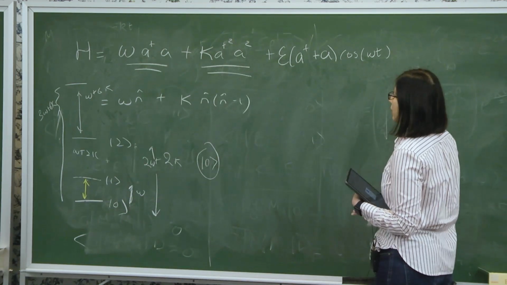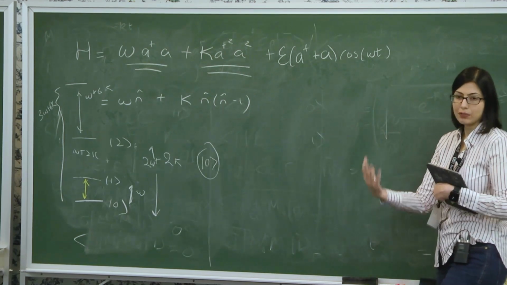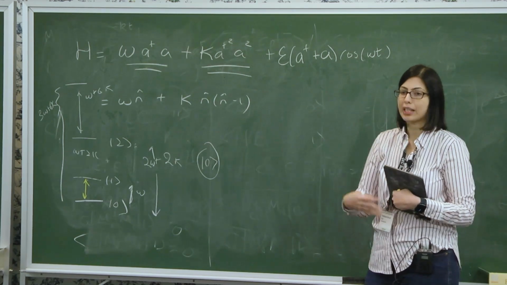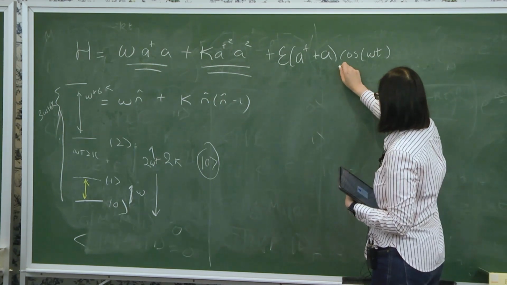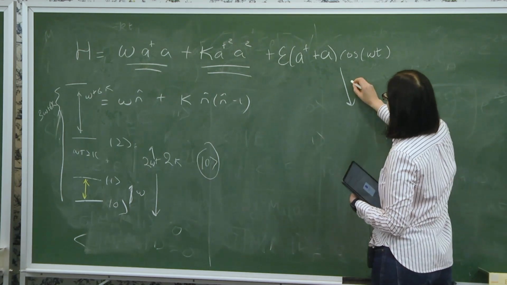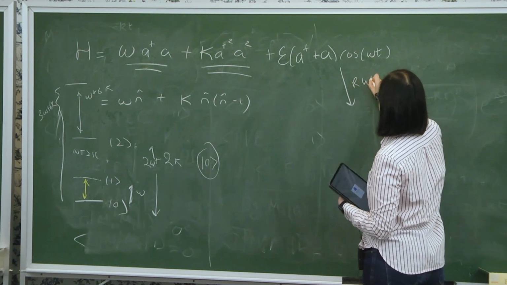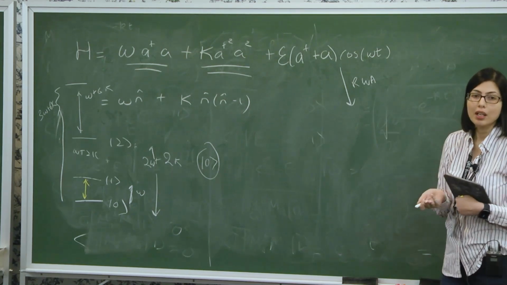And to really see that, I won't derive everything, I'll just give you a qualitative way to understand it. The first thing you will do is something called the rotating wave approximation, which is essentially a fancy perturbation theory.